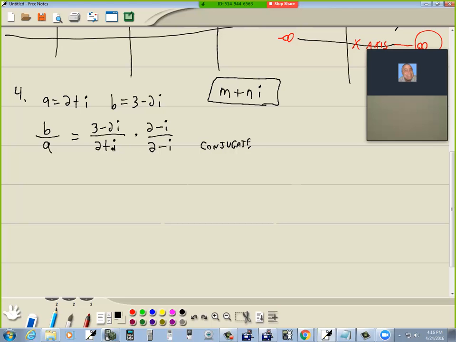The last part's the same, i and i. But the sign in the middle is different. See how this is a plus and this is a minus? These are conjugates of each other. So we'll take 3 minus 2i times 2 minus i. And down below we'll have 2 plus i times 2 minus i.